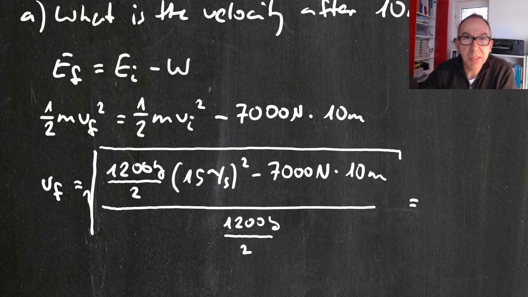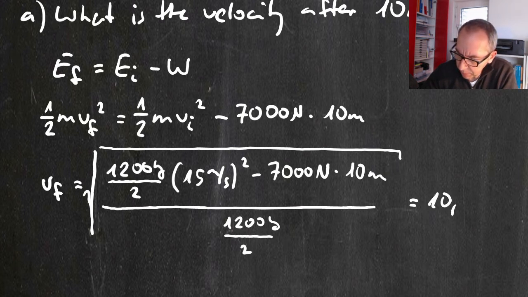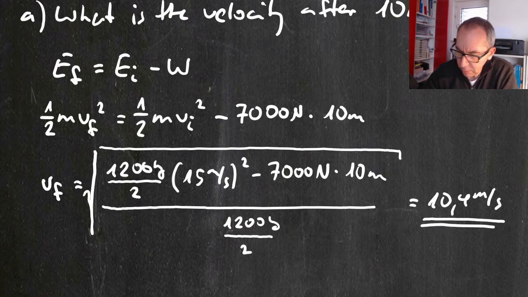If you put this to your calculator, you get 10.4, at least I did, meters per second, which roughly is 37.5 kilometers per hour.